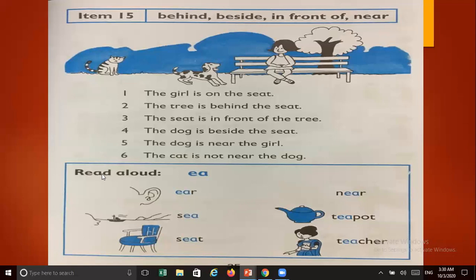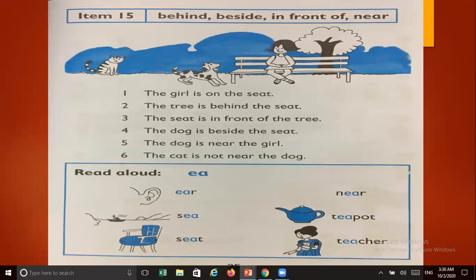Now we are going to do the read aloud words. Read aloud dictation words with ER. First word is ear.